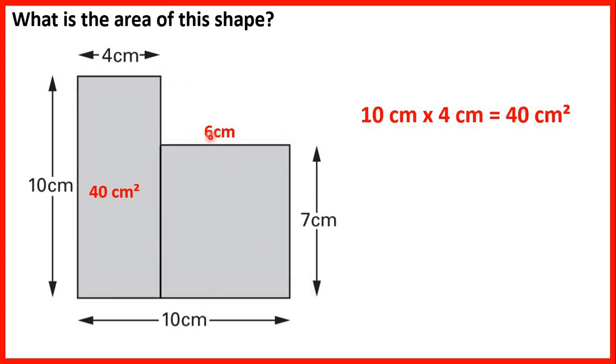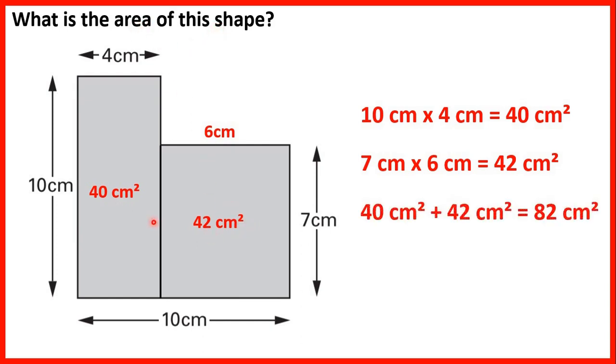So to find the area of a rectangle, we multiply the side lengths, and 7 times 6 is 42. So the area of this rectangle here is 42 centimetres squared. But we want the area of the whole shape. So we can add 40 and 42, and again that gives us an area of 82 centimetres squared.